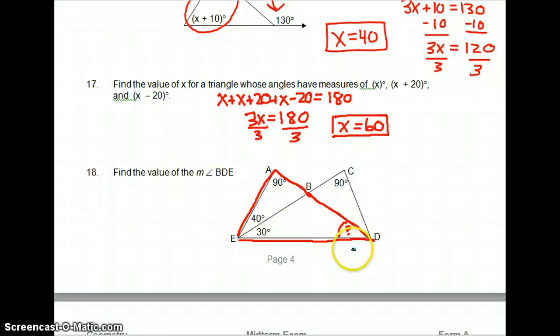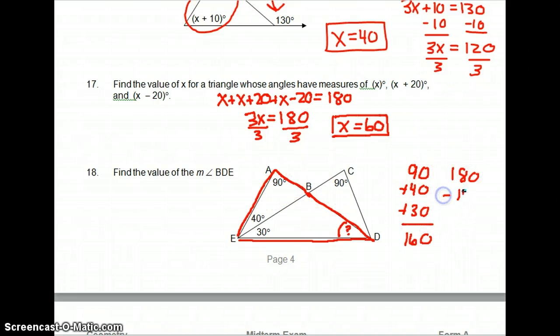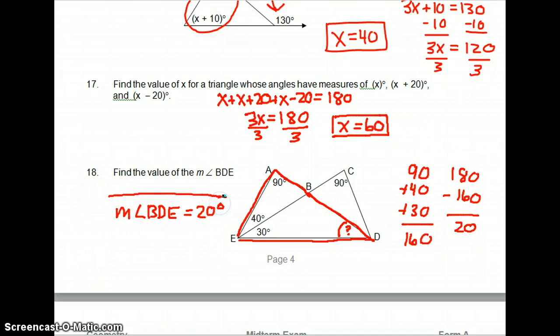I know that all these angles here have to add up to 180, so I'm just going to do 90 plus 40 plus 30. So far, we have 160. All three have to be 180, so 180 minus 160 is 20. So the measure of angle BDE equals 20 degrees.